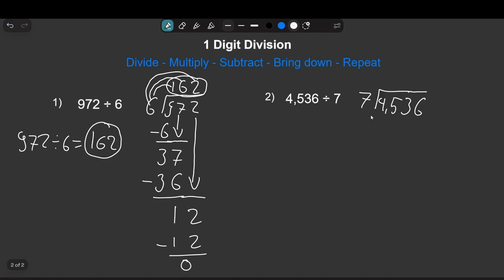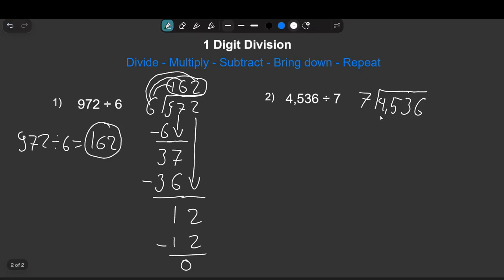So now we have to look at how many times 7 fits into 4. And you may think, oh, well, it doesn't fit even once into the 4. Well, if you get that problem, we can use the 5 as well. We can combine the two together to create 45.